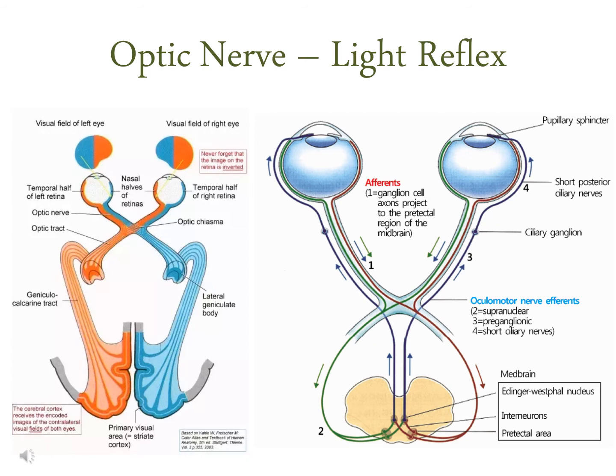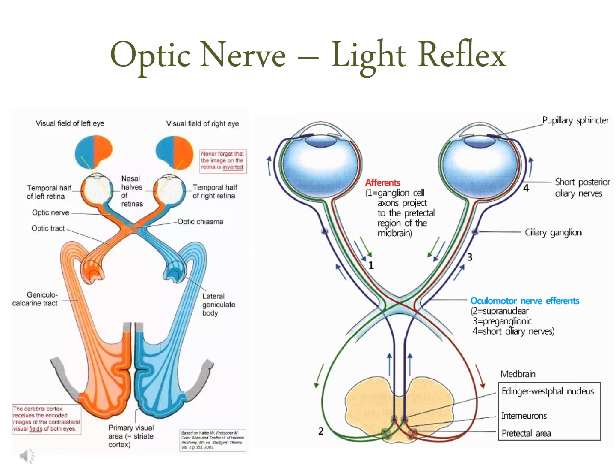The optic tract relays at the lateral geniculate body, and from there it projects to the primary visual cortex.